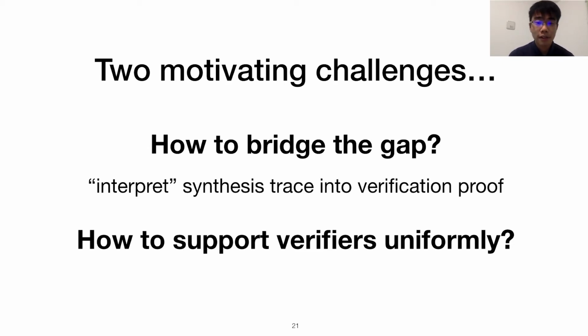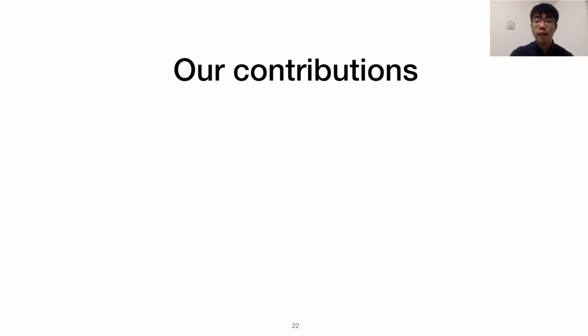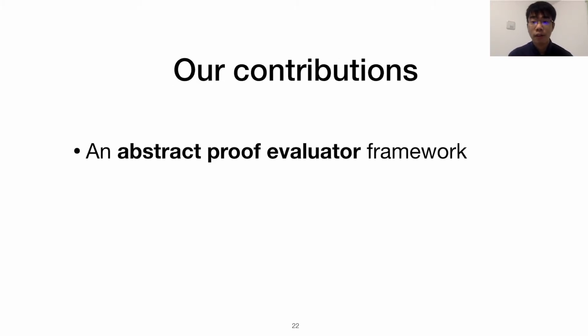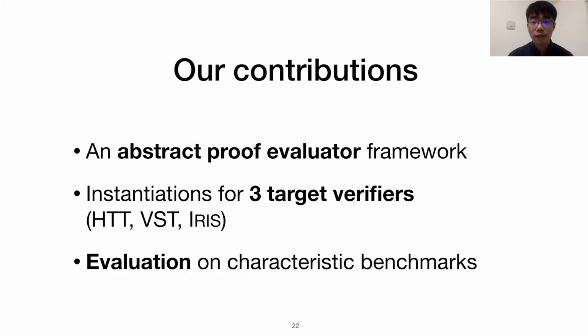And to remain verifier agnostic, it must be an abstract framework that multiple target verifiers can instantiate. For these reasons, we present a design for an abstract proof evaluator that interprets a synthesis trace into a machine-checkable proof certificate. We then demonstrate the generality of the evaluator's design by instantiating this abstract evaluator for the three verifiers, HTT, VST, and Iris. And finally, we apply this technique to certify Syslic's synthesis of characteristic benchmark programs.